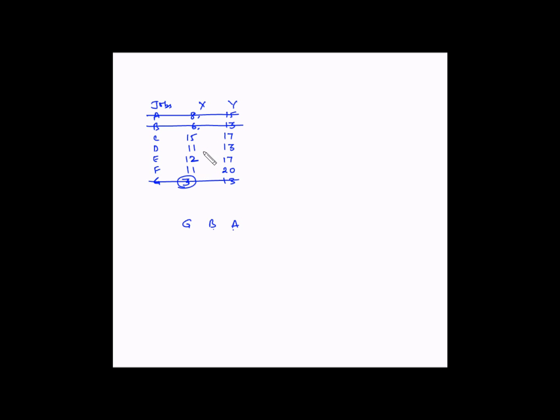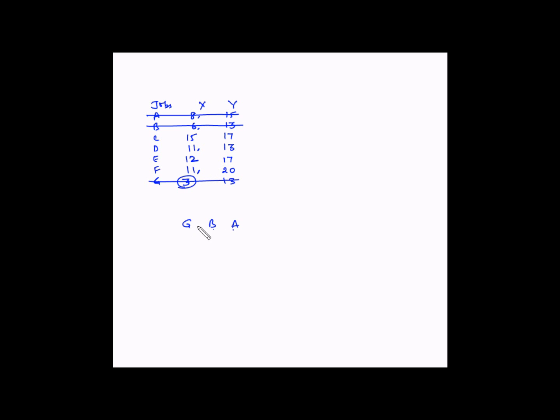Now the next shortest time is 11, which is for D as well as F. Oh, so we have a tie here. Both D and F have 11 as their processing time, and both of these are for machine X. So we can do either D first or F first. So what this means is that we have two sequences.